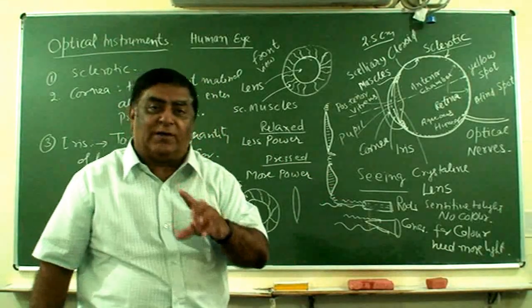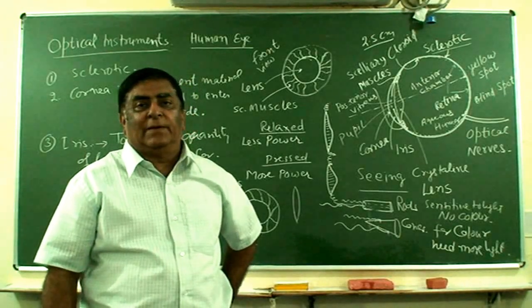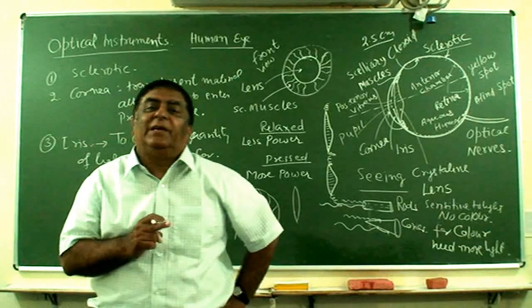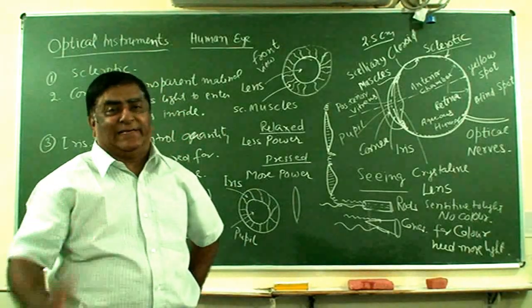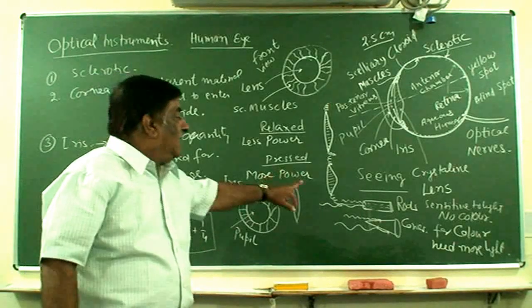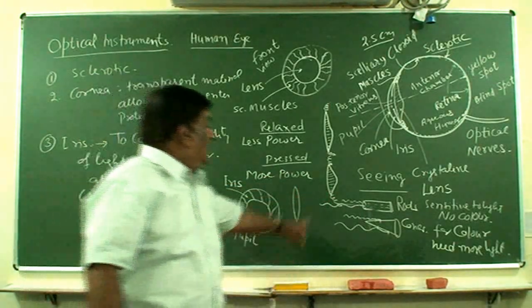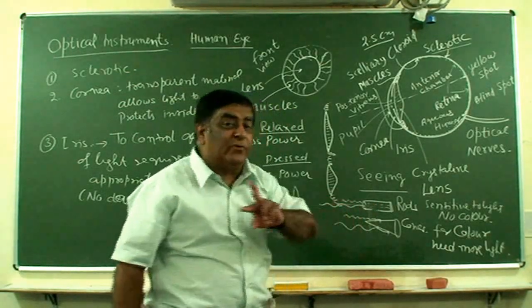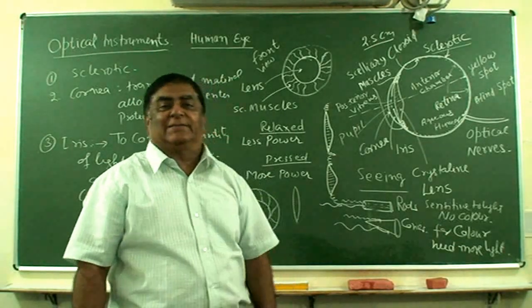So if somebody has defective rods, what will be the problem? If he has defective rods, then in the night time he will not be able to see the images. That is night blindness. If somebody has defective cones, then he will be able to see things, but he will not be able to differentiate between the colors, and we call it color blindness.